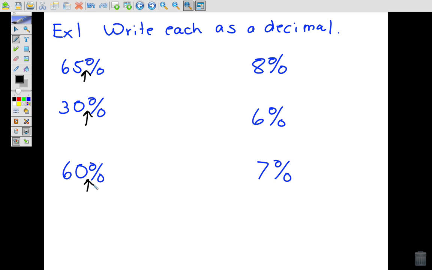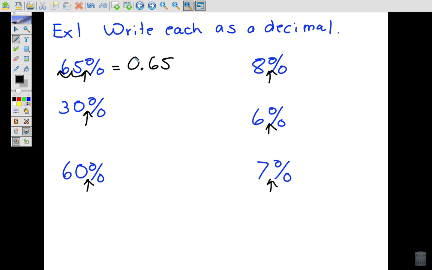So the first thing we're going to do is locate the decimal point. That's where the decimal point is. Now, to change a percent to a decimal, you always move it 2 places to the left. So let's take 65%. So I'm going to move that decimal 2 places. 1, 2. So I have 0.65. And then we'll stick a 0 in front there. So 65% as a decimal is 0.65.